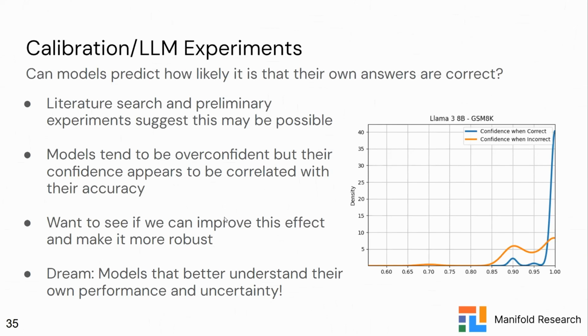Perfect calibration would be that the model's reported probability of being correct about any given fact is in perfect agreement with the actual observed probability that it is correct. Hopefully that makes more sense.